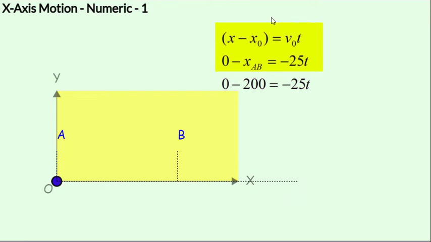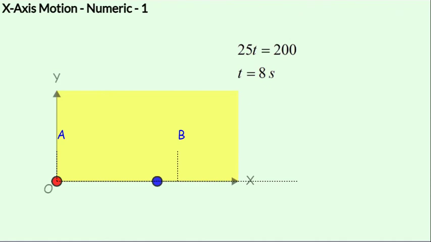And the accelerations of both A and B are in any case 0, so there is no relative acceleration. So substituting the values, we obtain 0 minus 200 as minus 25 t. Solving, we get the time t as 8 seconds.